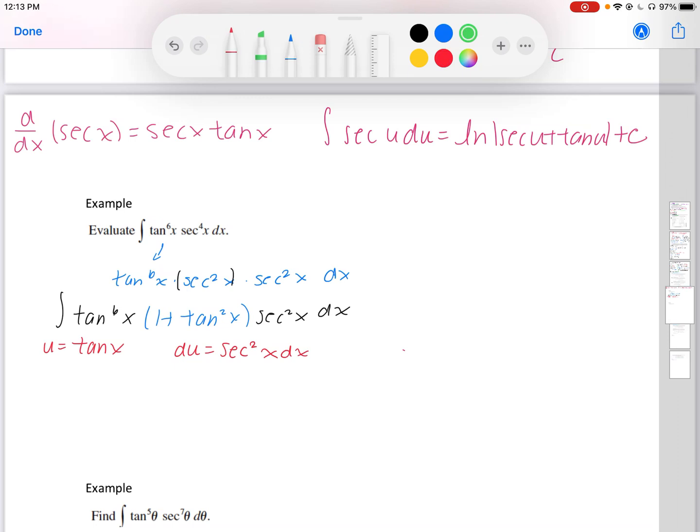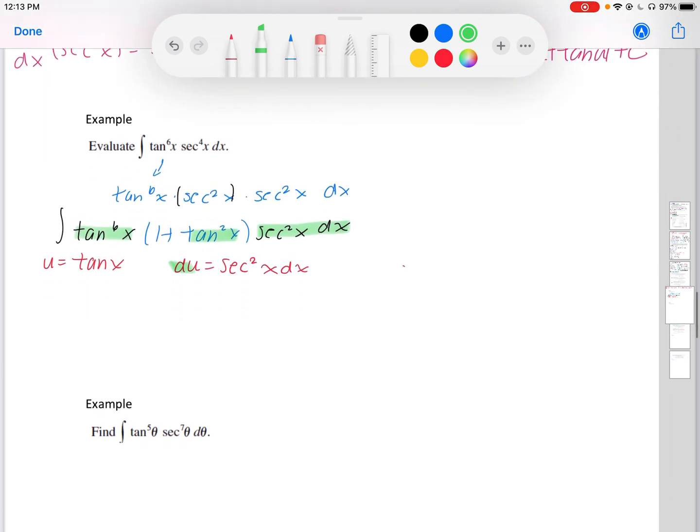So we see that we have our du right there, and we can replace all of our tangents with u's, so that we have the integral of u to the sixth power times 1 plus u squared, and secant squared dx turns into our du. Now we just have to distribute before we integrate.